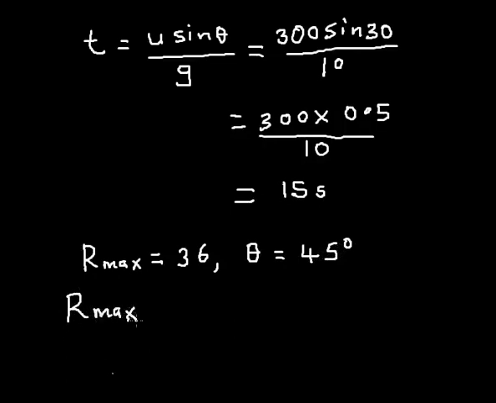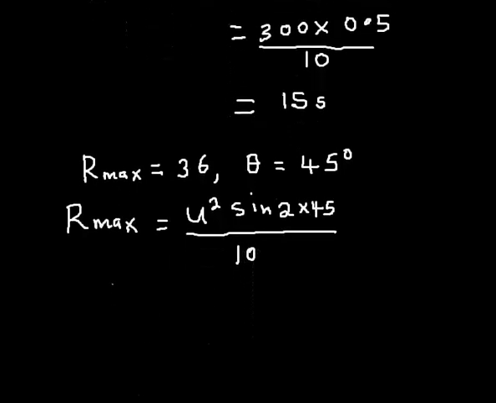R maximum is equal to u square sine 2 theta, so that's sine 2 times 45, then divided by g, which is 10.